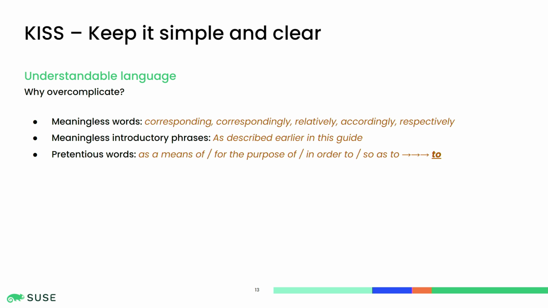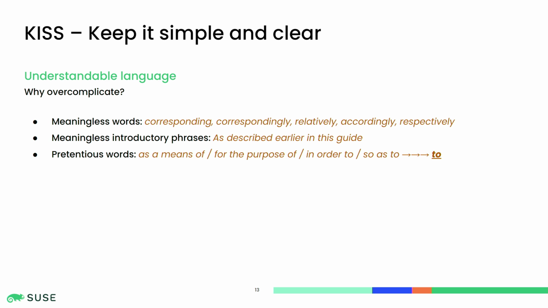Try to avoid meaningless words that also occupy a lot of space and bear no significance for the subject matter, such as relatively or respectively or correspondent, just getting rid of them. And the same goes for introductory phrases, such as described earlier in this guide. If you chop it off, no one will even notice.